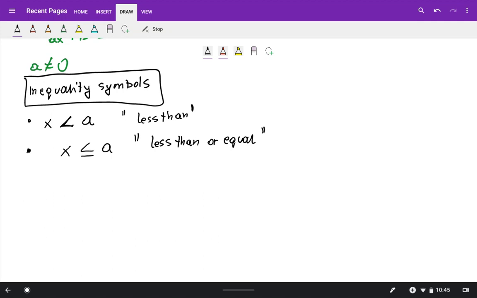When you have less than or equal, let me write this down because here it's important that we know. The solution of an inequality is not just one number, we're going to have many numbers. That's why we call it the solution set.